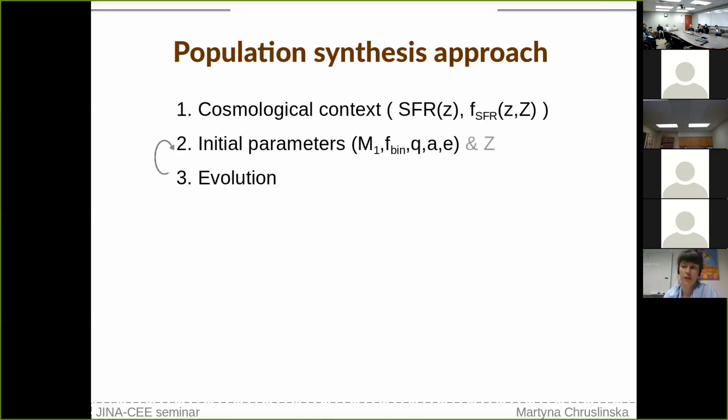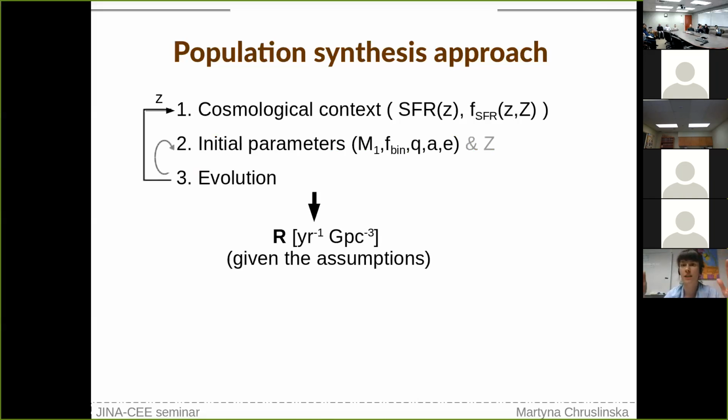For each given redshift, or point in time, we have to loop through those steps 2 and 3 up to the point where we form enough stars to agree with the assumed star formation rate. And then we can repeat the whole procedure, changing redshift, slowly populating the universe with stars. And in the end, we can count the number of merging systems. So we obtain an estimate of a merger rate given the assumptions that we made.